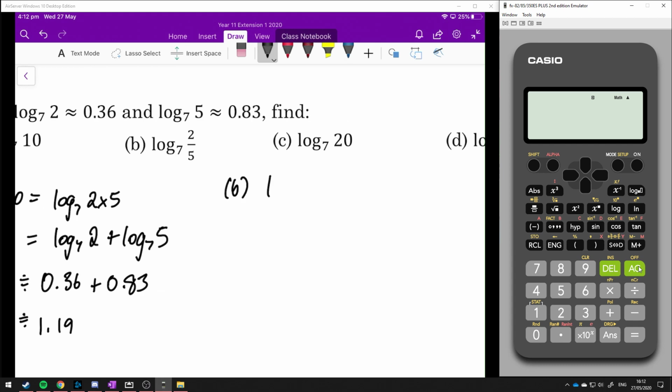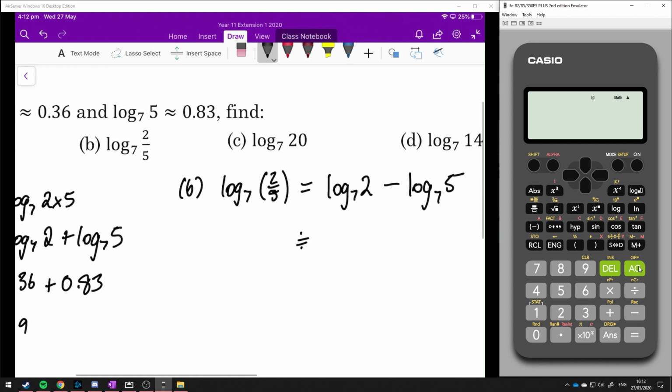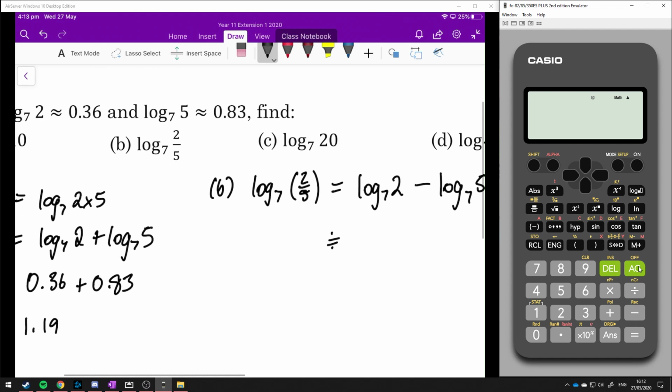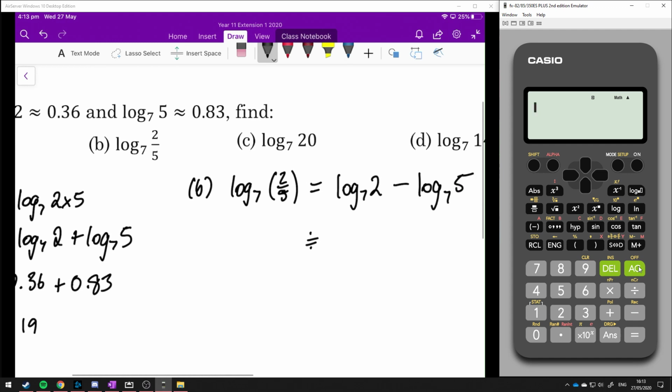Now part B says log 7 of 2 on 5, okay? Well, we know that this is the same as log 7 of 2 minus log 7 of 5. So we can now substitute our values in because we know that they're approximately equal to 0.36 minus 0.83.